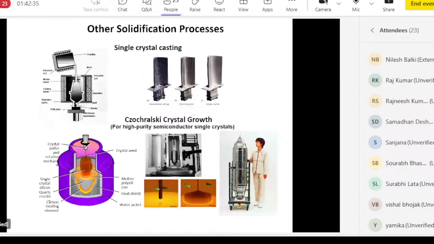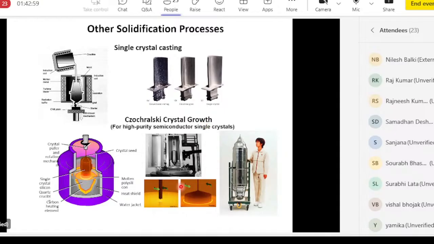Well, single crystal castings, maybe I'll just skip it, but we saw that we make turbine blades, single crystal turbine blades using special casting processes. We also can make silicon or germanium or other semiconducting crystals using the approach called Czochralski's crystal pulling process.